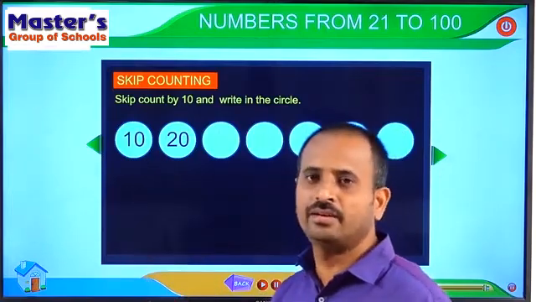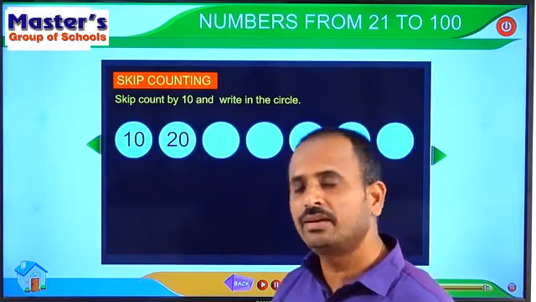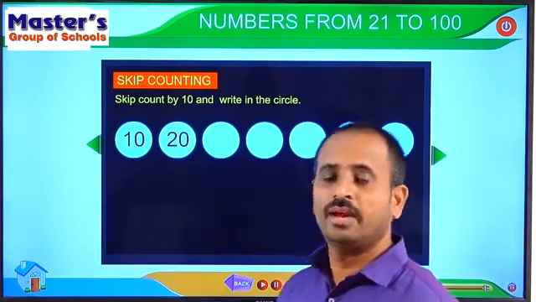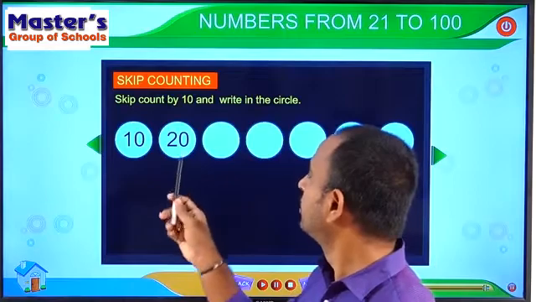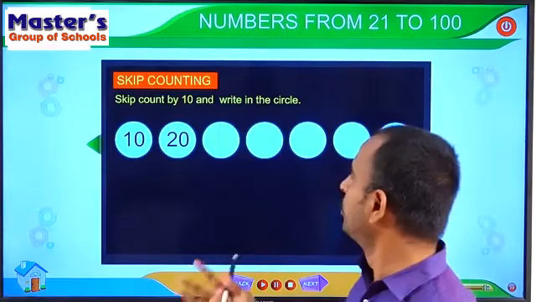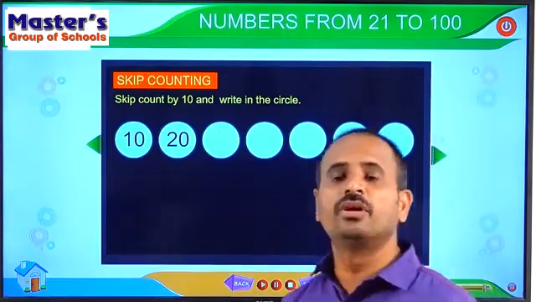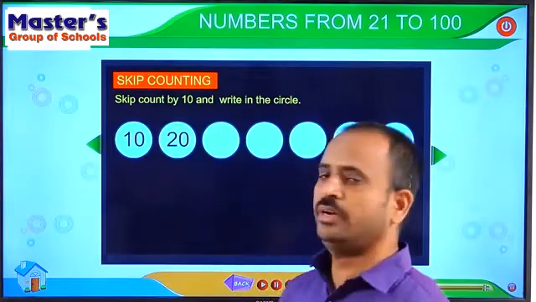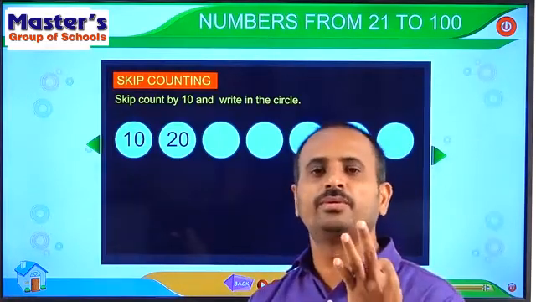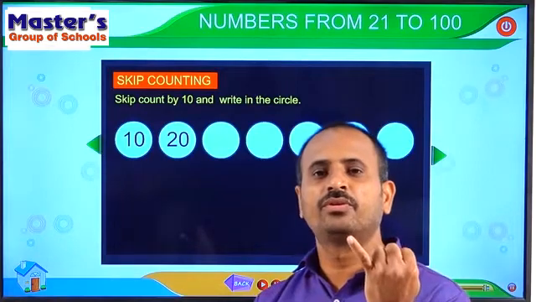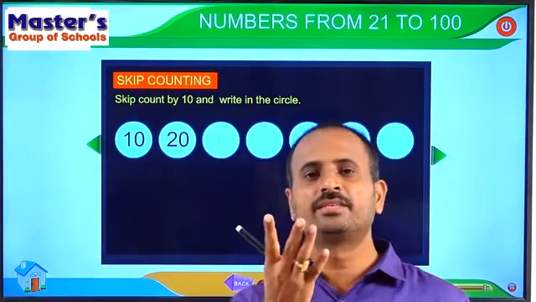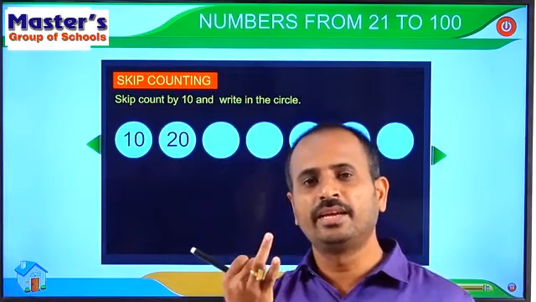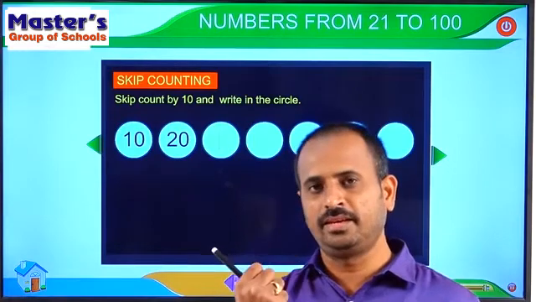If you add 10 to the 10, we will get 20. And again add 10 to the 20. If you add 10 to the 20, how much will you get? You will get, after 20 comes 21, 22, 23, 24, 25, 26, 27, 28, 29, 30.